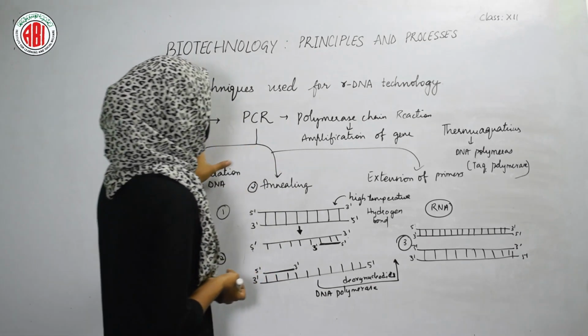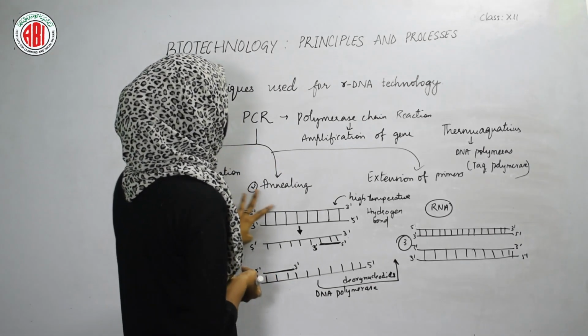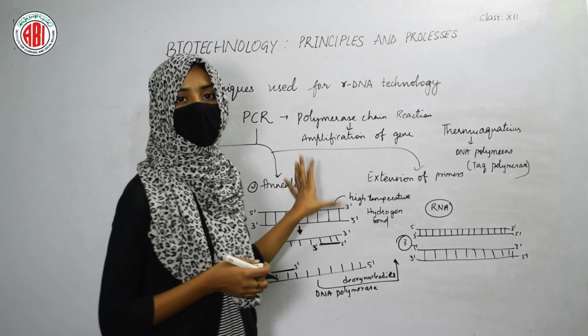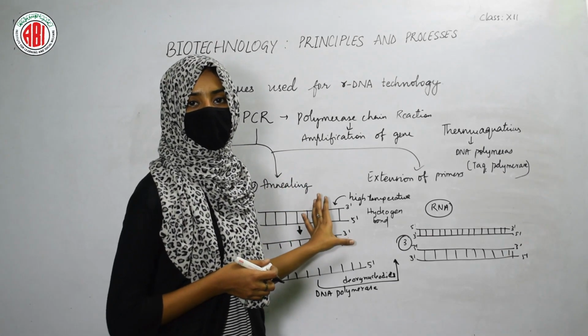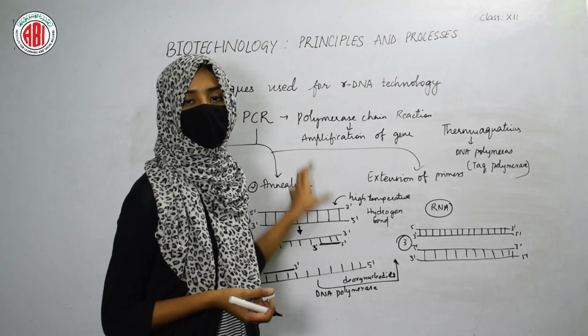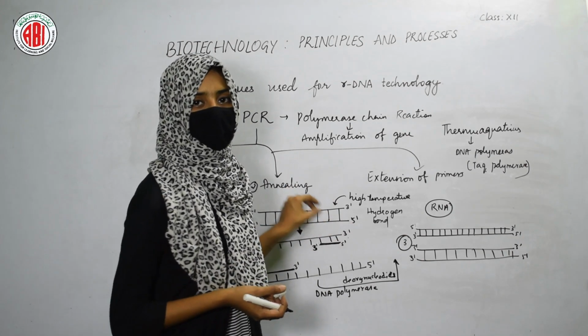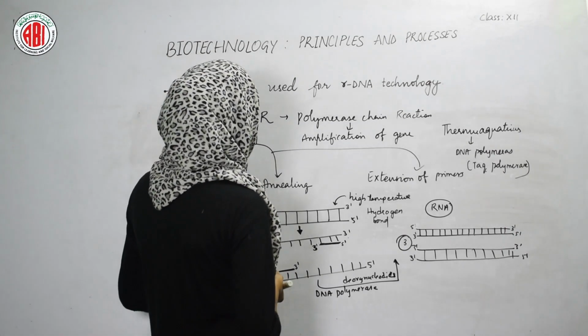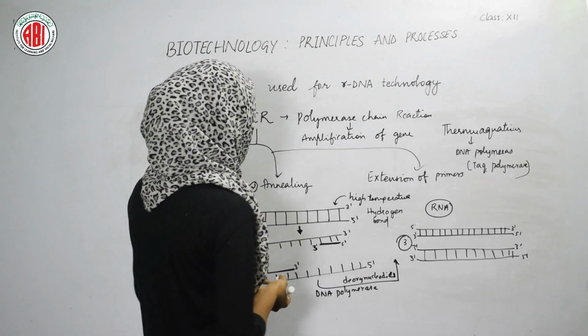Polymerase chain reaction contains 3 main steps. First is denaturation of DNA, that is, treating the DNA strand at a very high temperature so that the DNA strands get separated. After the DNA strands are separated, in the second step the primer is added.